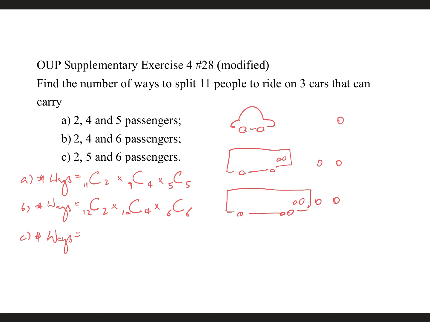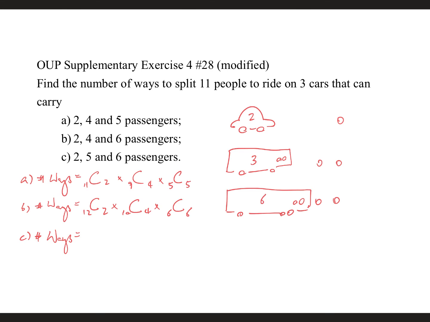The 2 empty seats must be in the second car, means that all of the seats will be filled in this way. All the passengers will be filled in this way.